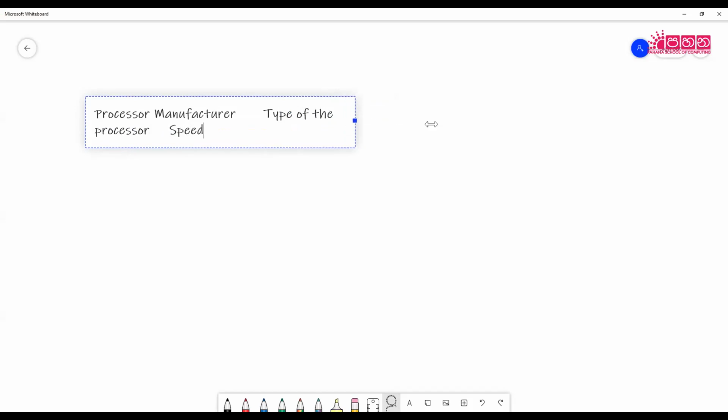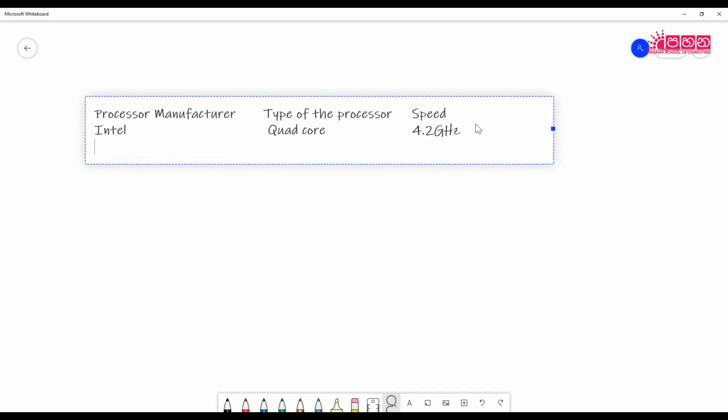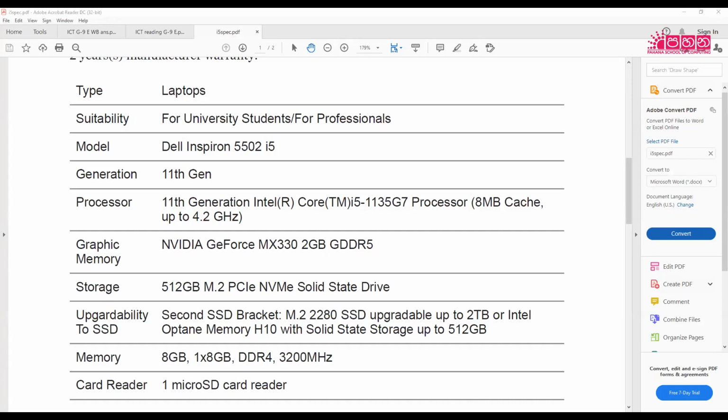So these are the three things I want to take down. The first one, it's Intel, and it's a quad-core processor, and the speed is 4.2 gigahertz. So let's move to the next one. I will give you another spec. The earlier one was an i5 machine.